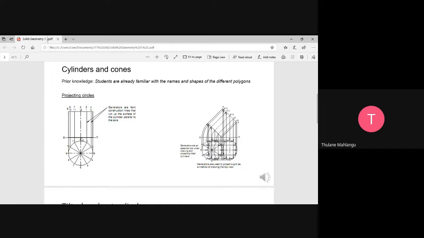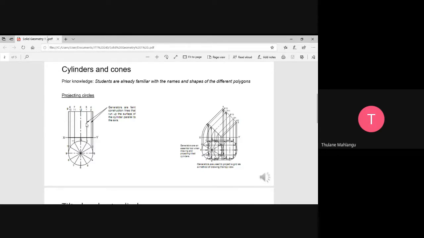In solid geometry, you will deal with the diameter of the cylinder. Say they gave you the diameter of the cylinder as 30. Now you have the diameter, and you also have the length or the height of the cylinder.